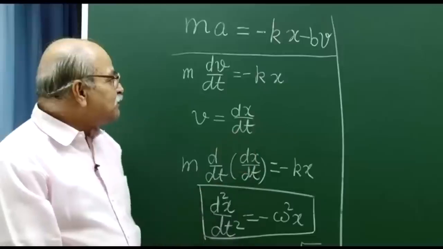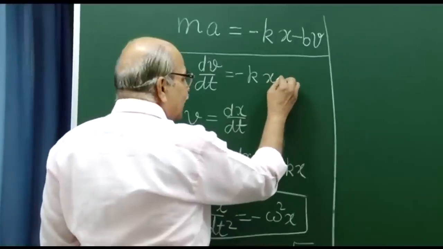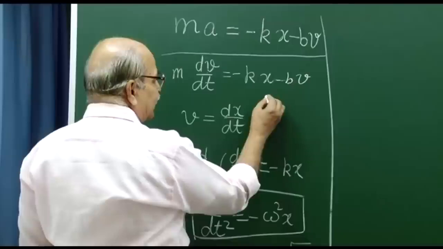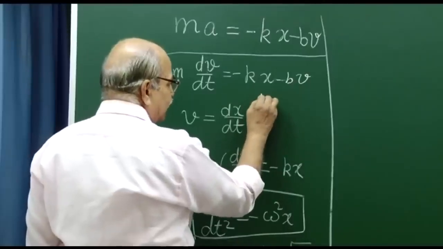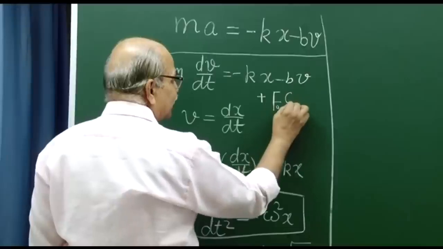Then you have this damping force, and together with that we are also adding an external force, which you can write as plus some f naught cos omega t.